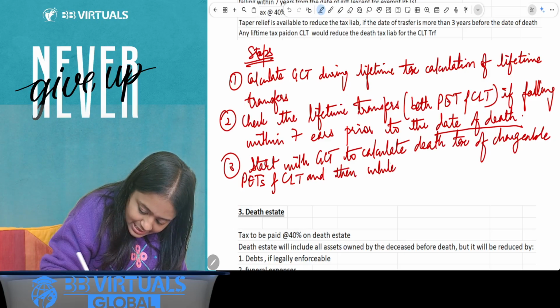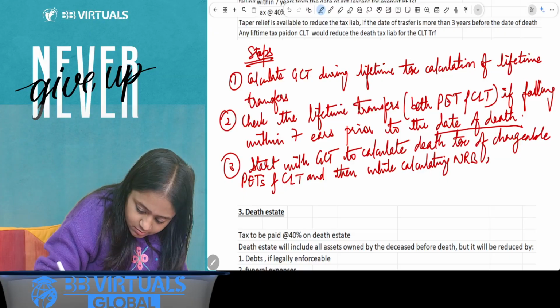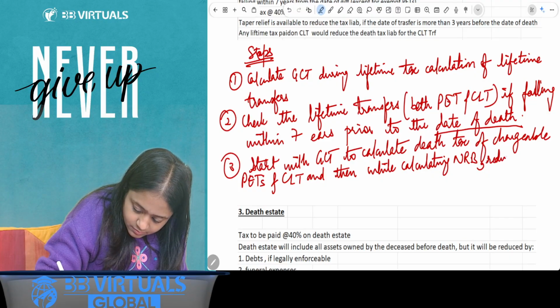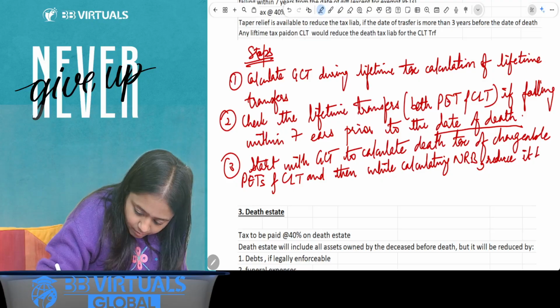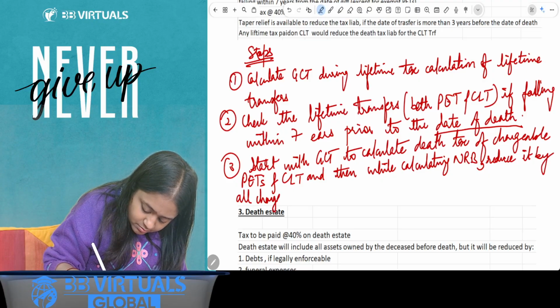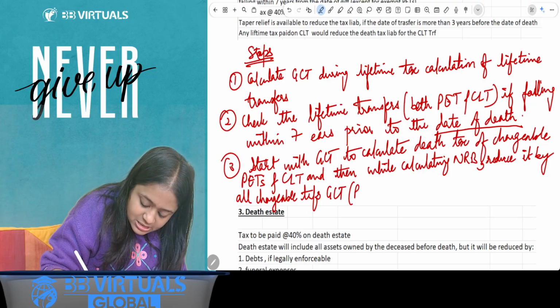And then, while calculating NRB, reduce it by all chargeable transfers GCT. Which all chargeable transfers?